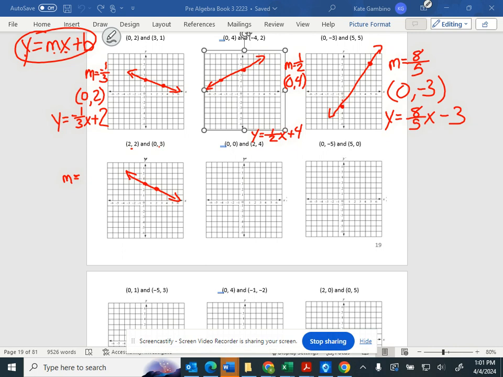How many down am I going, Henry? 1. So what number goes on top? 2. 1/2. And is it just 1/2 if I'm going down? Say it again, Henry. -1/2. -1/2 because I go down 1 and over 2.